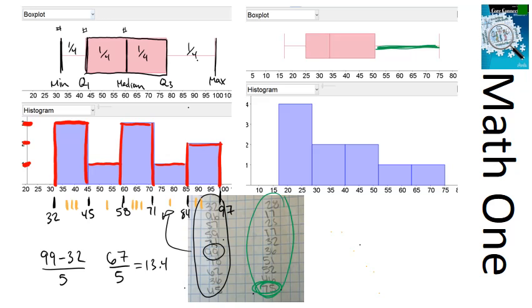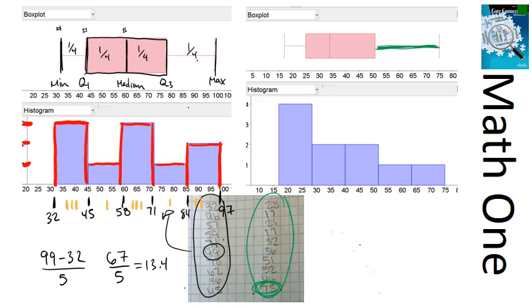If I add 13 to that, I would be at 71. 71 plus 13 is 84-ish. So anyways, you get the idea, and then 84 plus 13 would be 97-ish. So it's a little short. But anyways, I've now kind of designated my 5 bins for this data set.